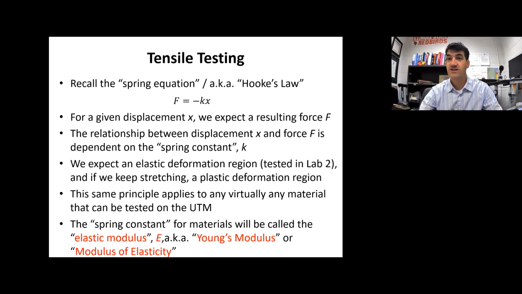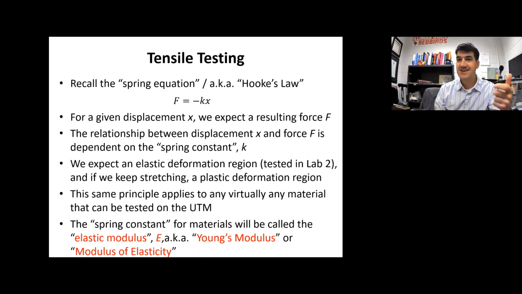Also, with a spring, we saw in Lab 2 that we can relate the amount of force exerted by the specimen to the deformation of the specimen, right? And once you found the spring constant, K, you were able to relate the amount of force exerted by the spring to the amount of deformation of the spring, right?